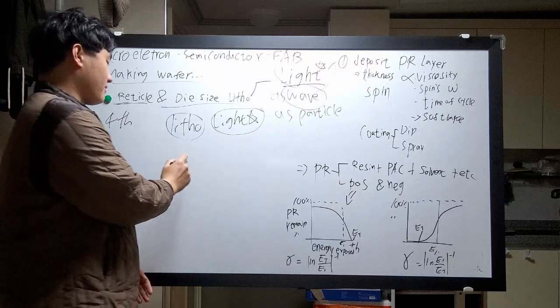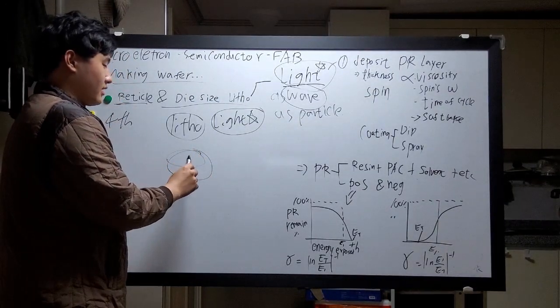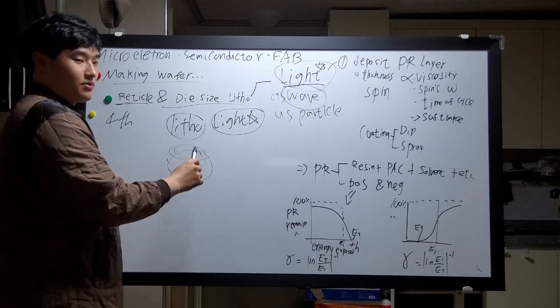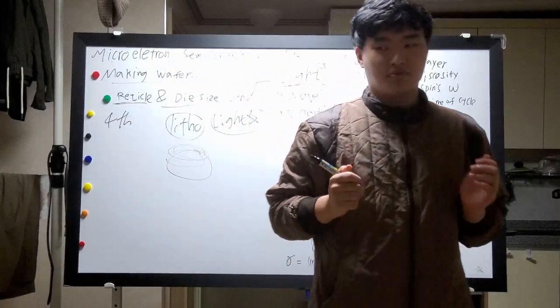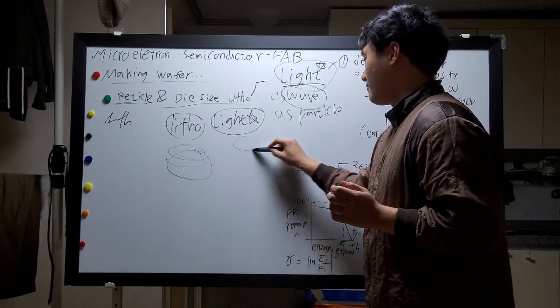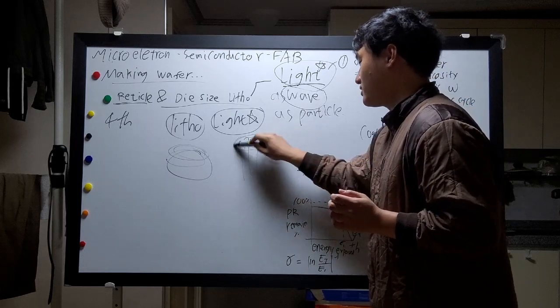So first make the silicon wafer, then oxide coating, and deposit the photoresist. With the two methods, positive and negative, we can make the patterns with the mask or reticle that already has a pattern that can block the light.